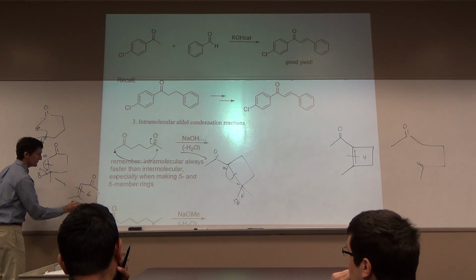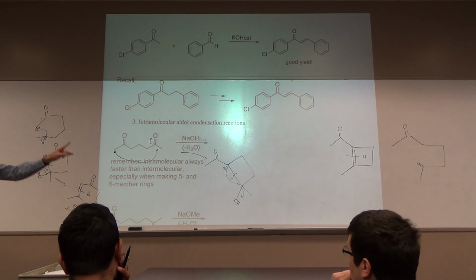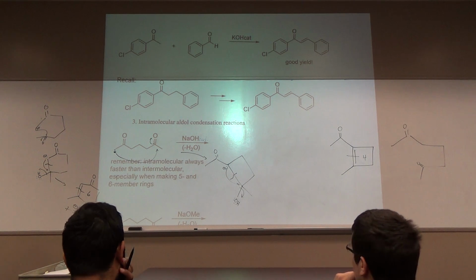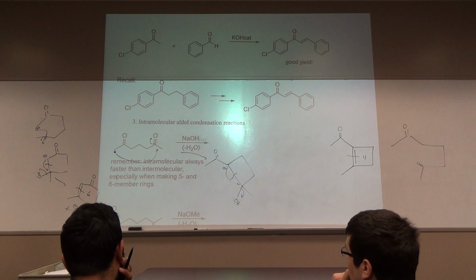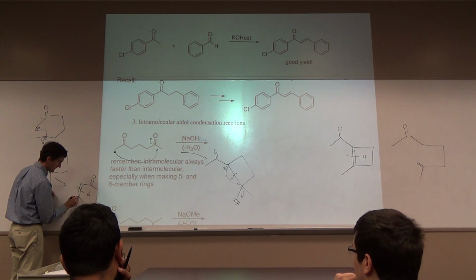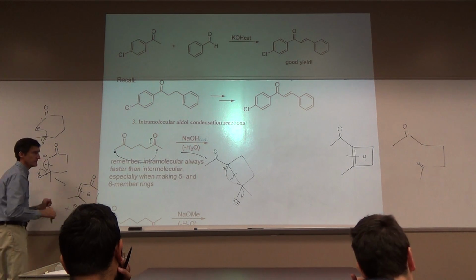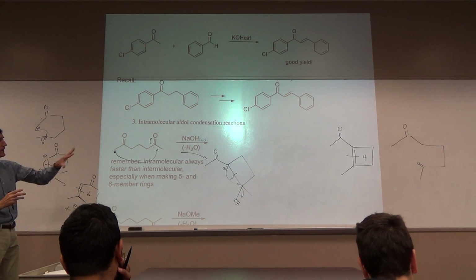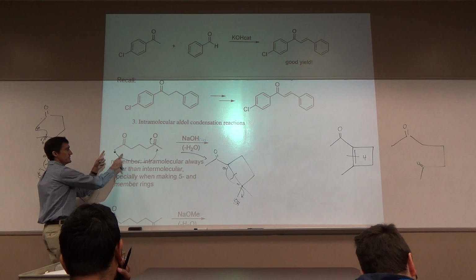Here, that's a 6-membered ring. Which do you think is going to be preferred, the 4 or the 6? 6. Right, the 6-membered ring. Now this is connected here, right? Yes. This is all in equilibrium. You make both.